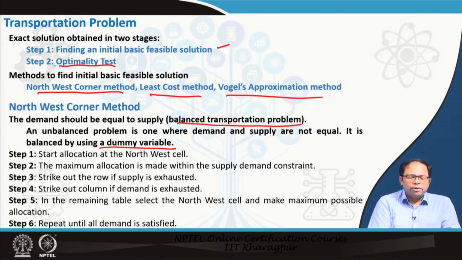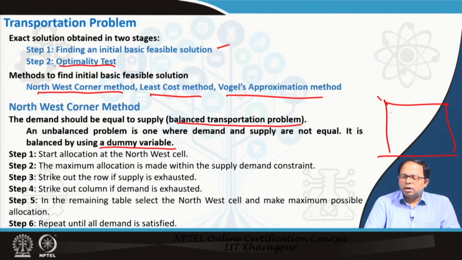So what we do is we create a matrix of the amount of supply and demand, and then we know the impedance for each of these particular values, and then we start allocating. So we allocate the goods that would be transported to some of these cells. In the case of the northwest corner method, we start with the northwest corner. In a matrix, this is the northwest corner.